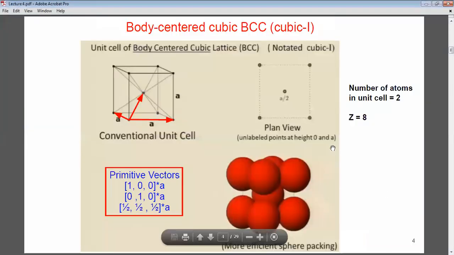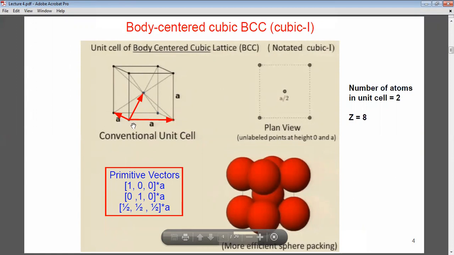Now, it's useful to write down the primitive lattice vectors, the PLVs, for this lattice, which we can take to be 100A, 010A, and half half half A. What are these vectors? This here is 100A.